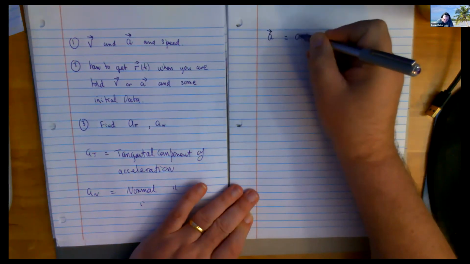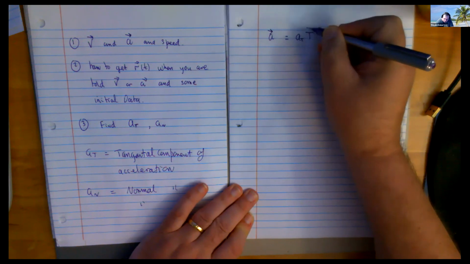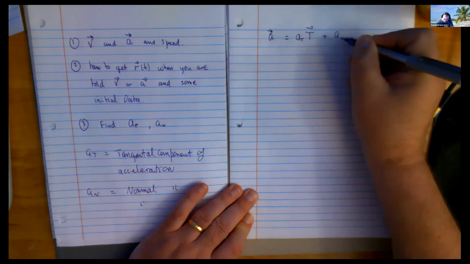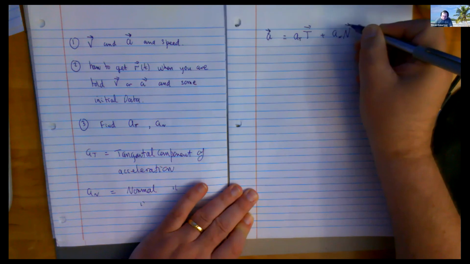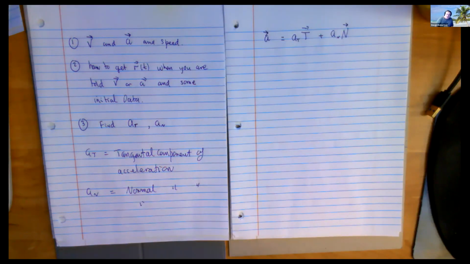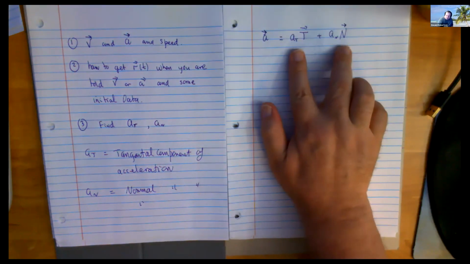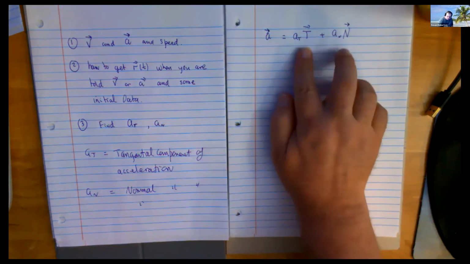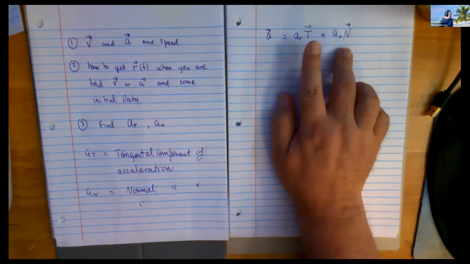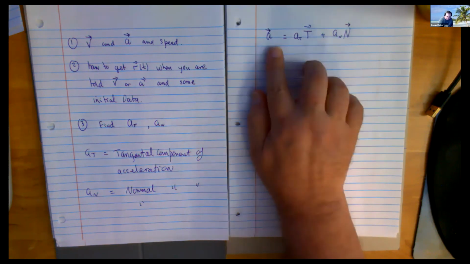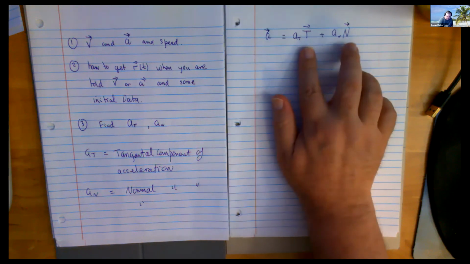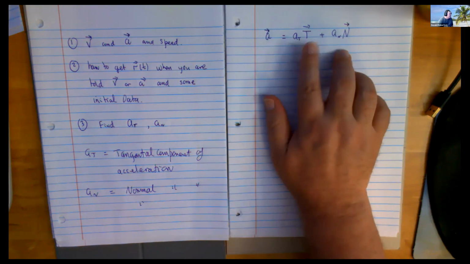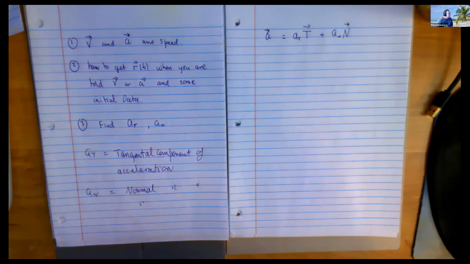In fact, this is what they found: that the acceleration vector is a linear combination of the tangential and the normal. Can you see then that if you use as your axes T and N and B, the acceleration vector is a bit like saying 4i plus 5j. It can become a very simple relationship.